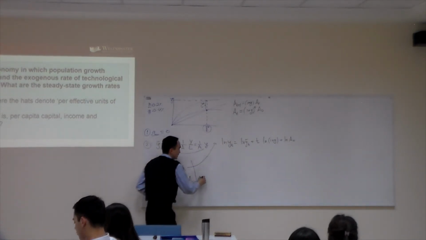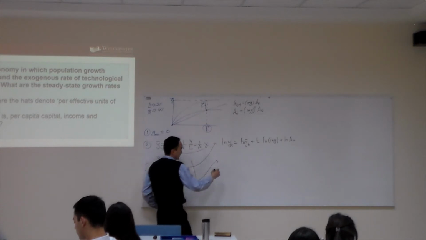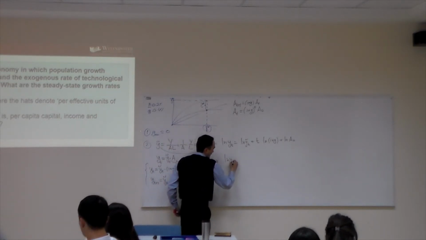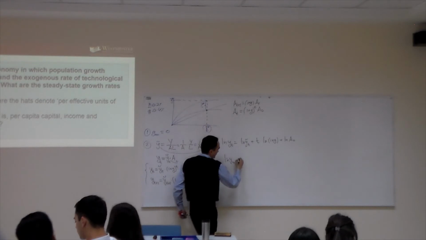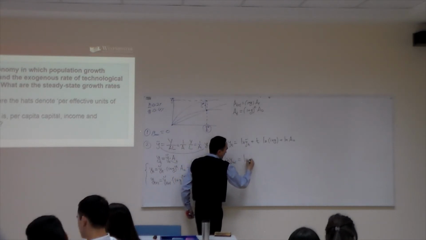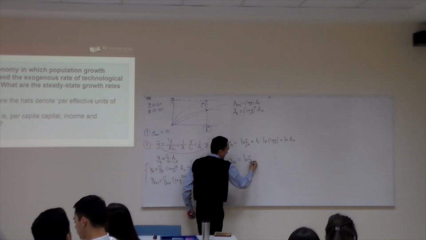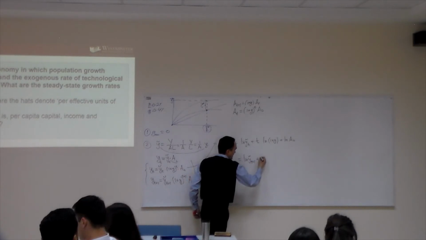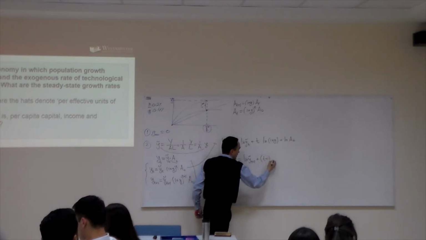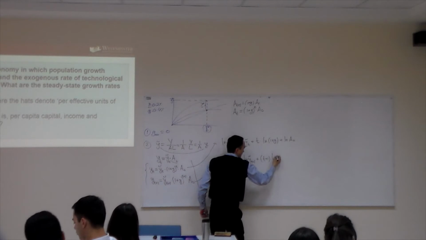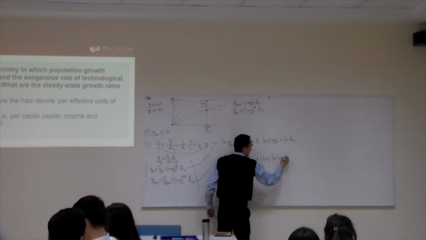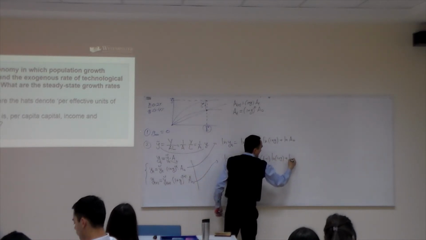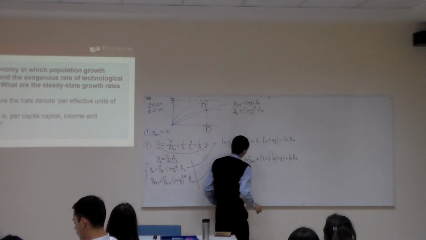If we take natural log of the second equation, it will give us ln y_(t+1) equal ln y hat_(t+1) plus (t plus 1) times ln(1 plus g) plus ln A0.